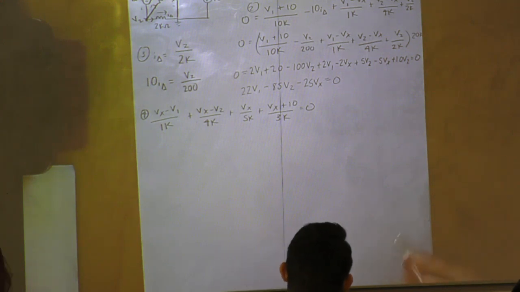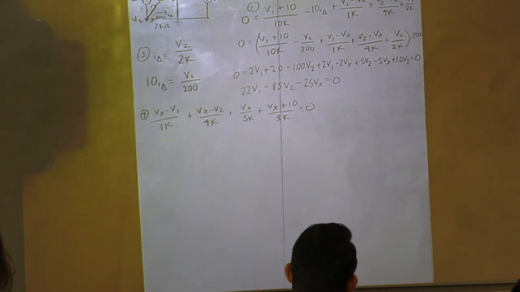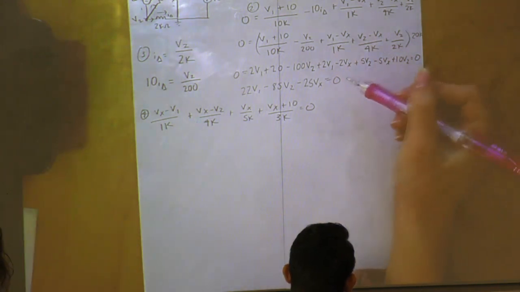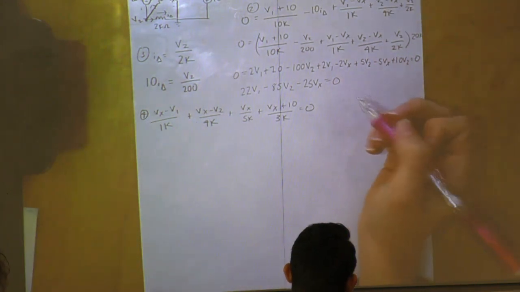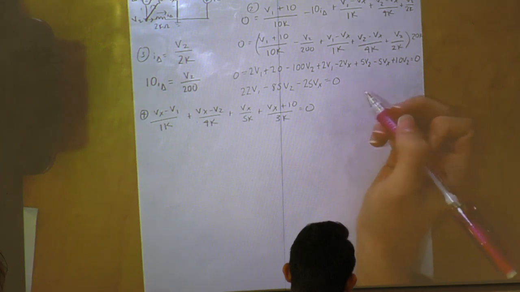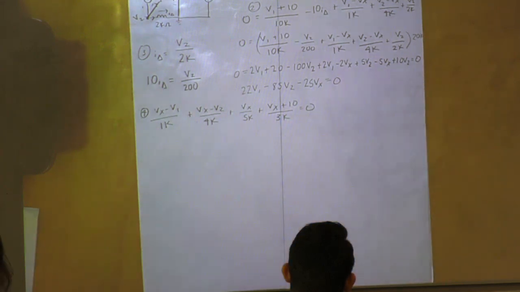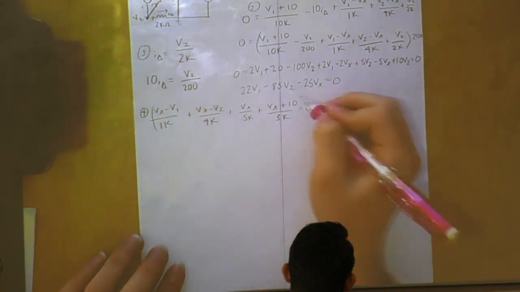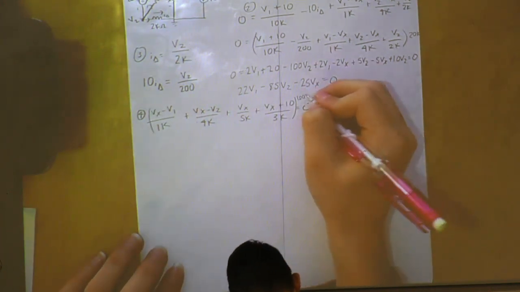Now we want to simplify this one in order to get it into a form like this. We'll multiply by 60K, the least common denominator.